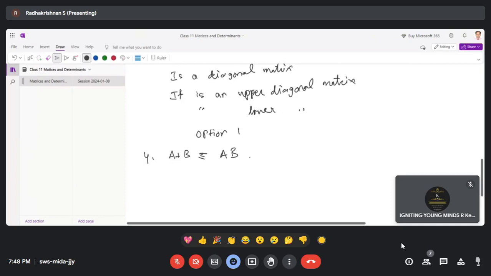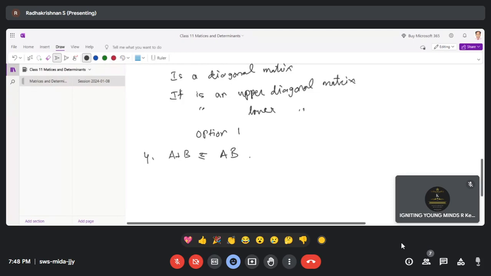You tell me. Can somebody tell? Somebody said no. Option 2 is true. Sir, because AB is possible, sir. Also, A plus B is possible, sir. Right. So if A plus B and AB are both possible, then M should be equal to N. So they have to be square matrices and of the same order because they can be added.